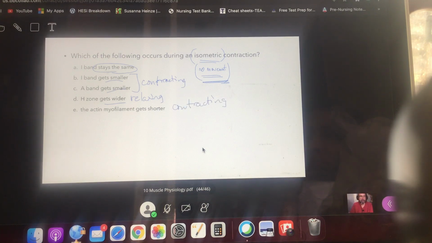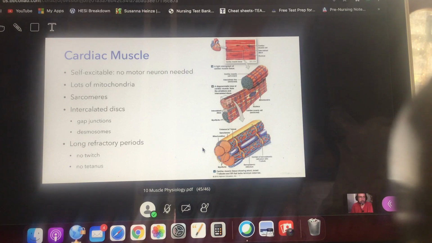Okay, so all of these other ones really only happen during an isotonic contraction or relaxation, where the body part, where the limb, the arm is moving and changing shape. So if it's isometric, almost all of the parts of a sarcomere are going to pretty much stay the same.